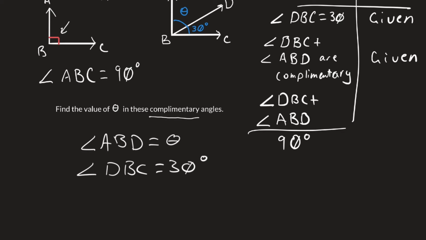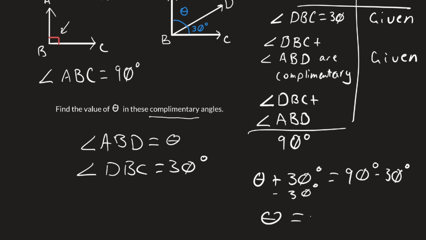When I input that into a problem that I can solve, it's going to look like theta plus 30 degrees equals 90 degrees. Well, I can now start to work backwards and cancel out here. So what is the opposite to addition? Well, I know that's subtraction. So I'm going to subtract 30 degrees from here, and I'm also going to subtract 30 degrees from here, leaving me with theta equals 60 degrees.